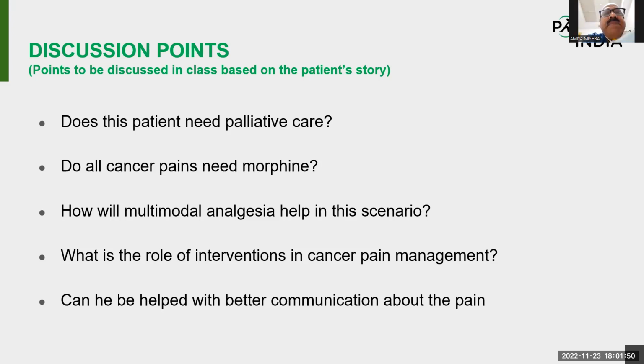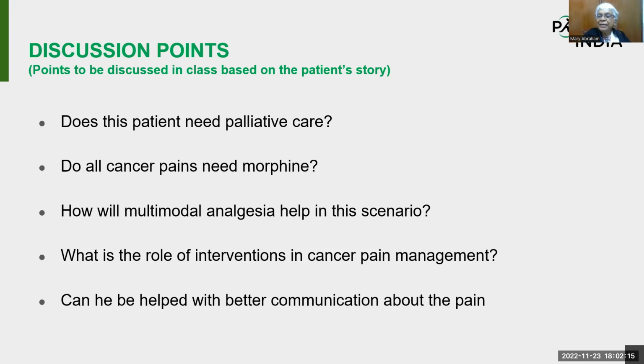Ma'am, is tablet methadone available in India? Yes, it's available. What is the trade name? I think it's available as methadone tablets. I'm not sure of the trade name. It is available only in certain places and certain centers. It's not available freely. But there are certain palliative care institutes that are using methadone.